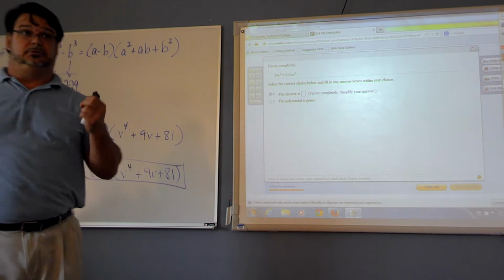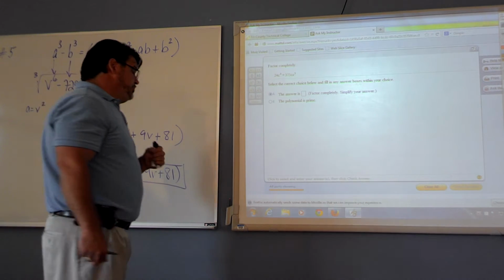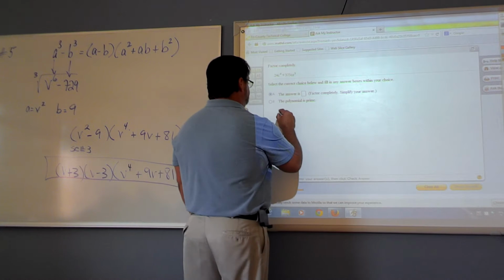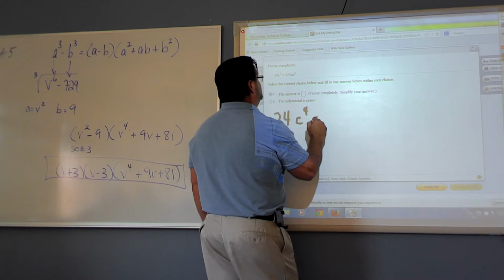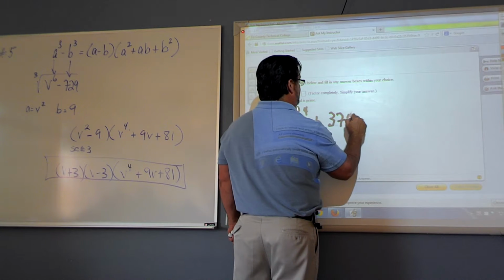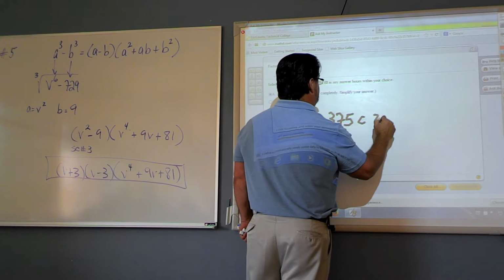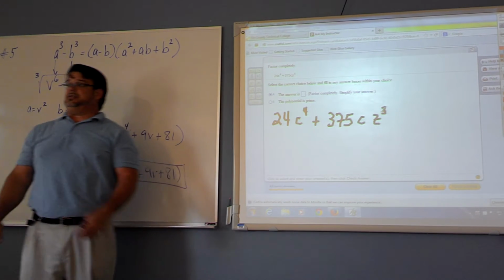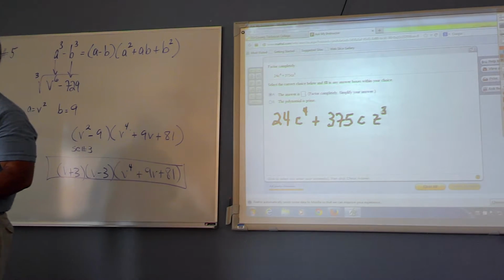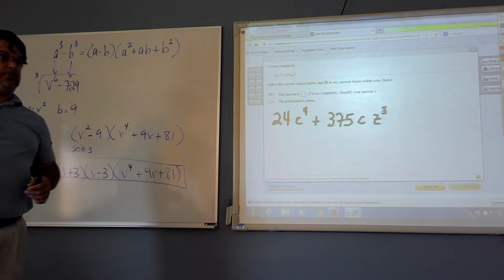Always factor out the lowest exponent, Hubert, that's right, class. So, 24c to the fourth plus 375cz to the third. Well, we know we're gonna factor out a c, because c to the first is our lowest exponent.